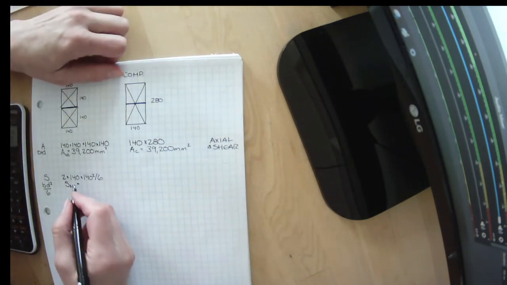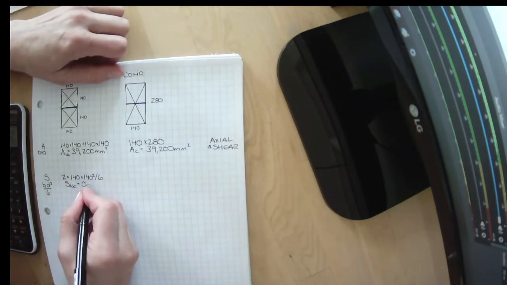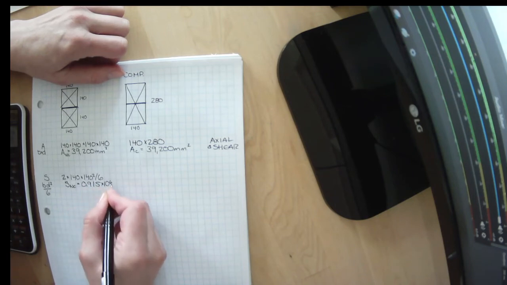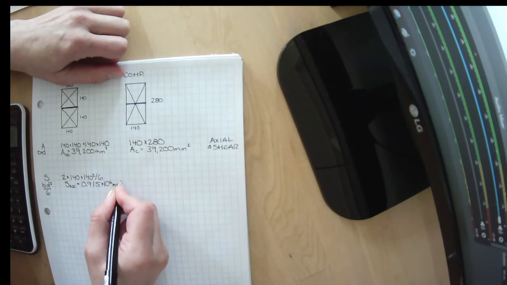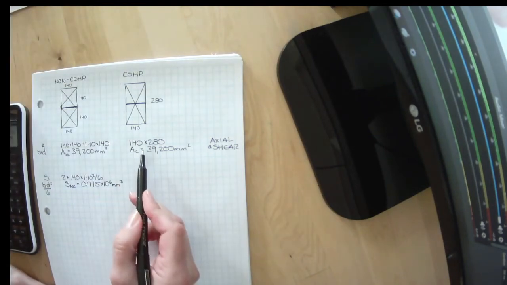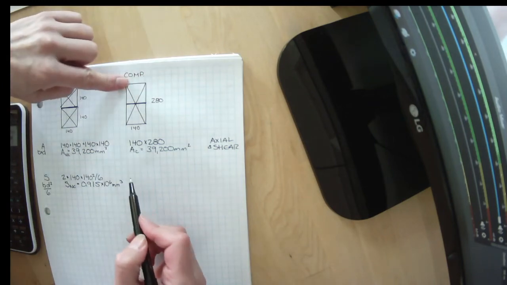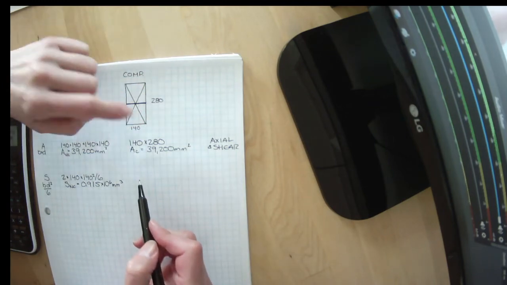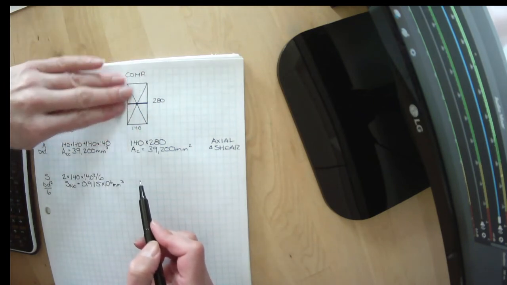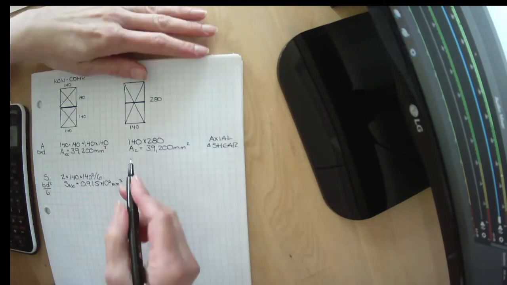Or 0.915 times 10 to the 6 millimeters cubed. For our composite section, we have a B of 140, but a depth of 280, because this has been glued or bonded together in a way that this is one object now.